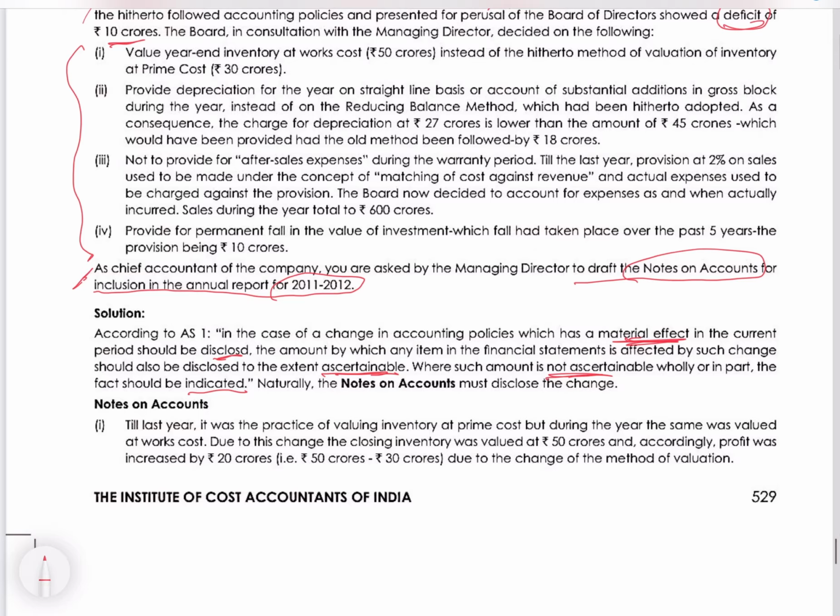If you can't find how much amount has been impacted, then just disclose that there has been an impact on the profits of this current period. Figures may not be ascertainable, but it has an impact on our profits. That disclosure should be given, and these disclosures will always be part of the notes to accounts.